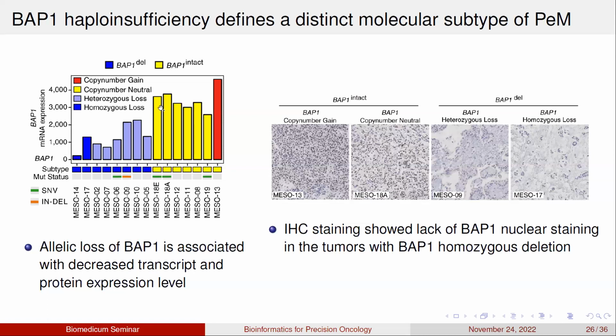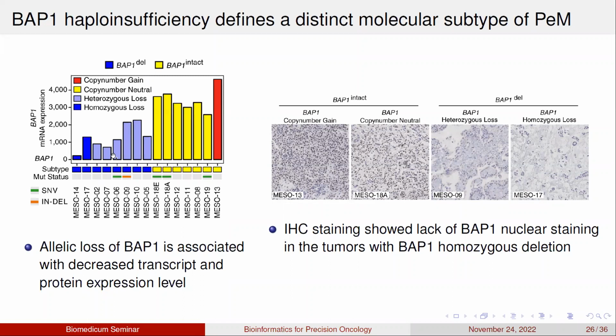This is the mRNA expression level, and whenever there is a copy number loss, there is a decrease in expression of this BAP1 gene. And even if there is a homozygous loss, that is, both copies of the gene were lost, the expression level was even more suppressed. And this was at the mRNA level.